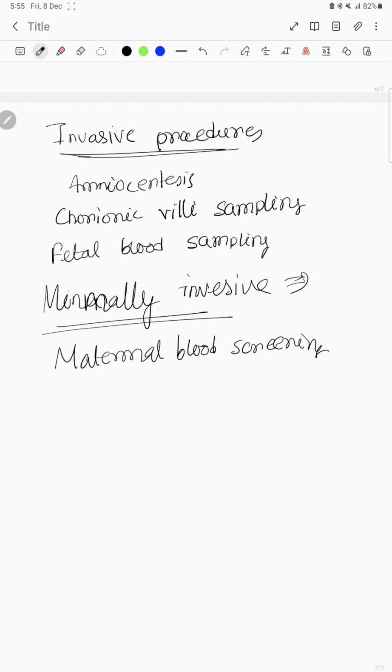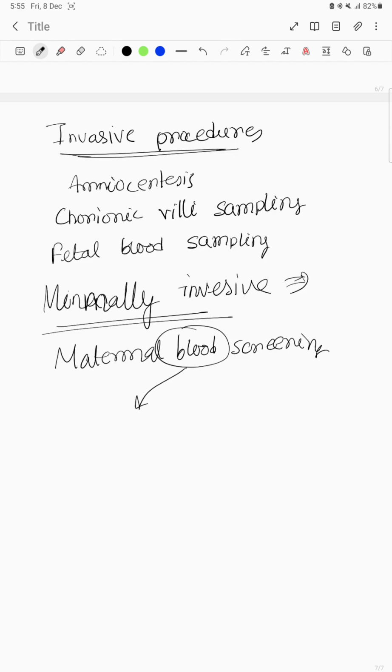Because you don't have to invade the fetus. You can take blood from the mother, and from the mother's blood you can check for circulating fetal cells or circulating cell-free DNA of the fetus.